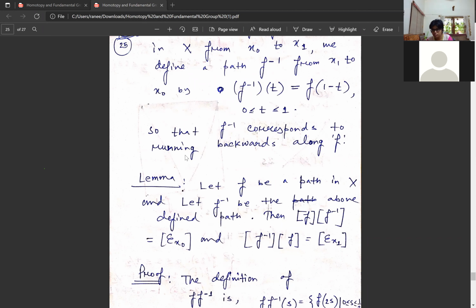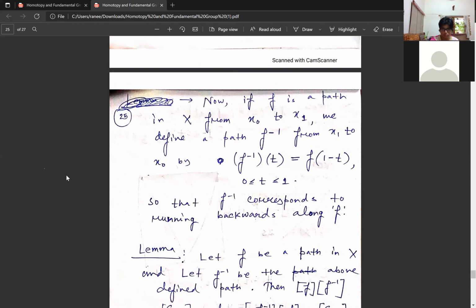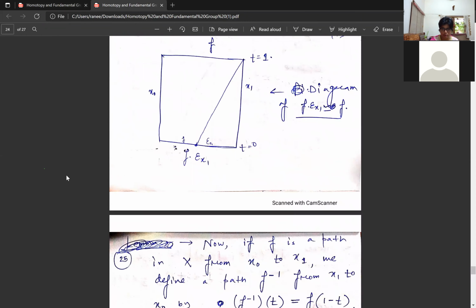And in a group, we want these identities to be the same. Exactly. So the only way to do that is to ensure that both the points are the same point. Exactly. So we want the identity to be unique.